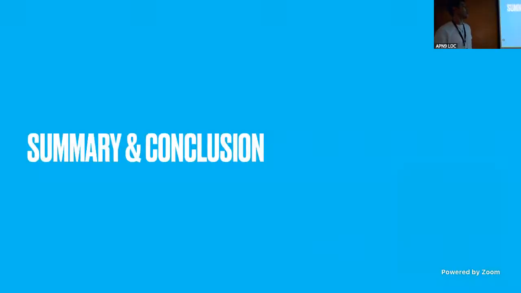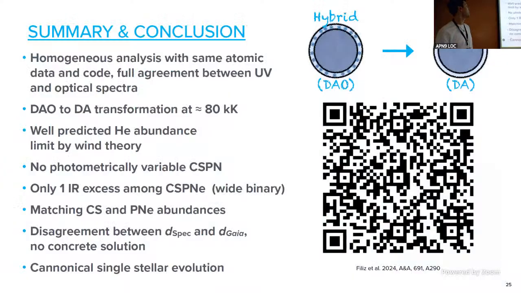In summary and conclusion, we performed a very homogeneous analysis with the same code and same atomic data, and this resulted in a full agreement between UV and optical spectra. We found the DAO to DA transformation around 80,000 Kelvin.